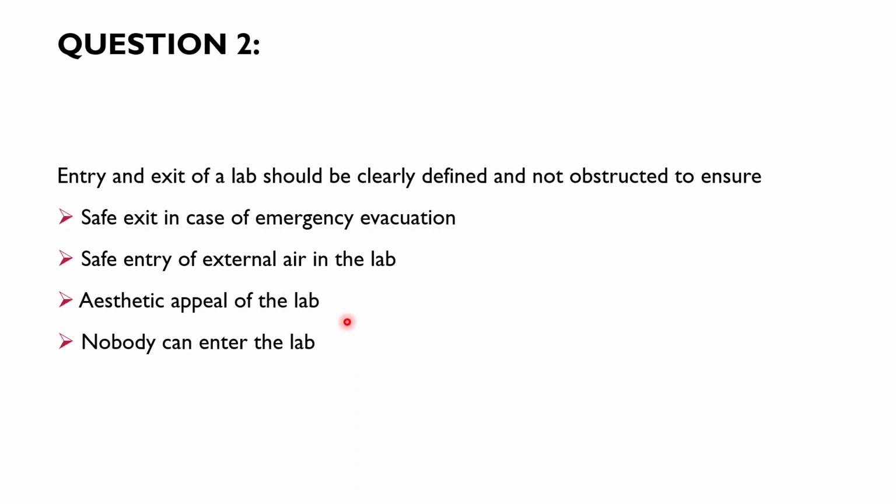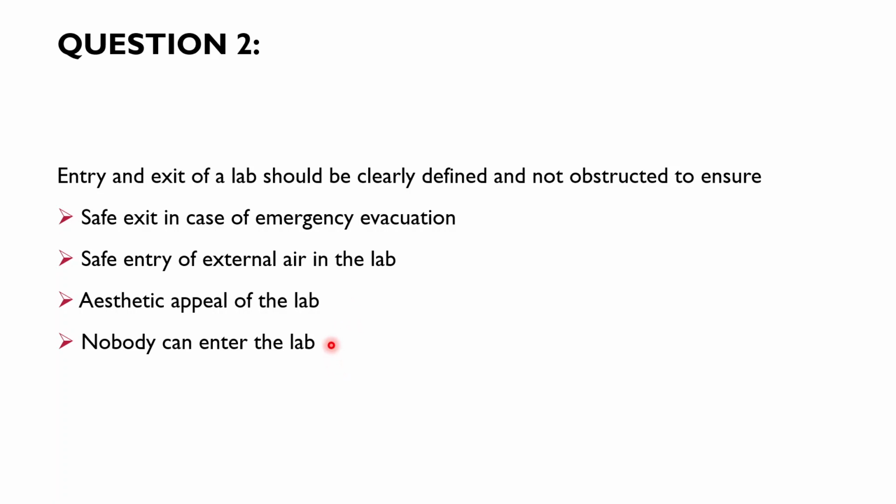So how it looks is not a concern. The cell culture room should prevent the entry of outside air, should prevent anything coming from outside into the inside. So it is not about the aesthetic appeal, it's about the utility.